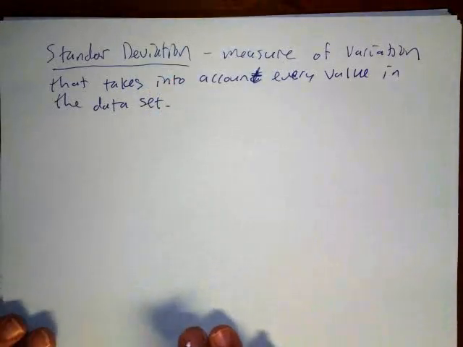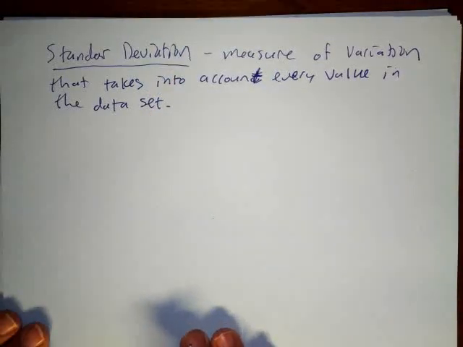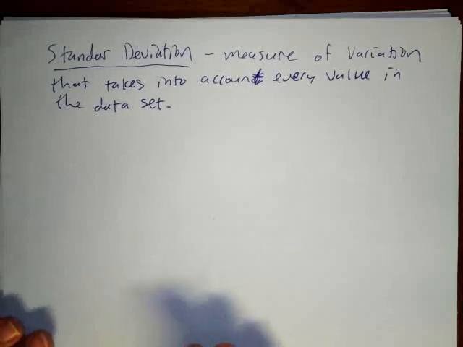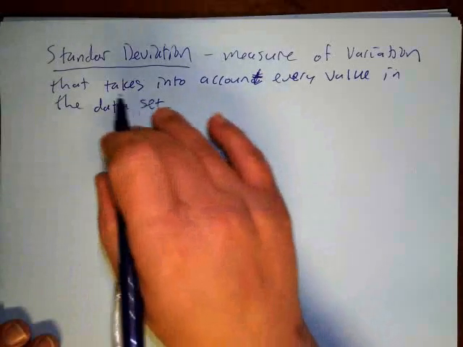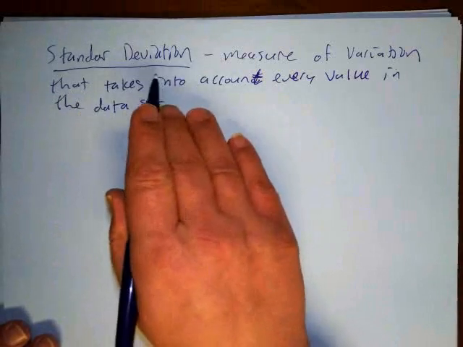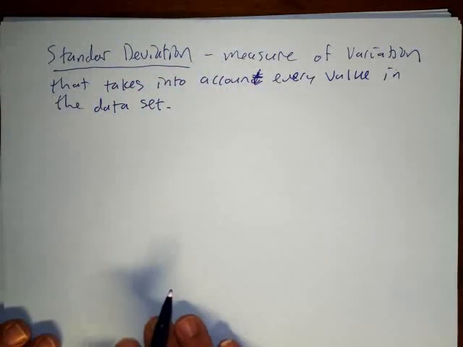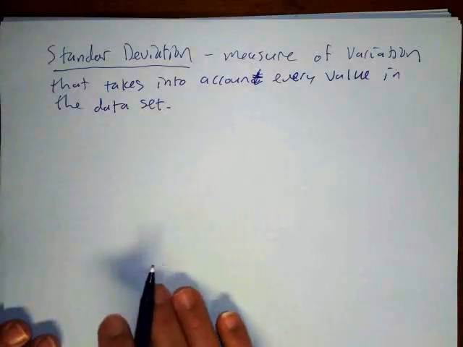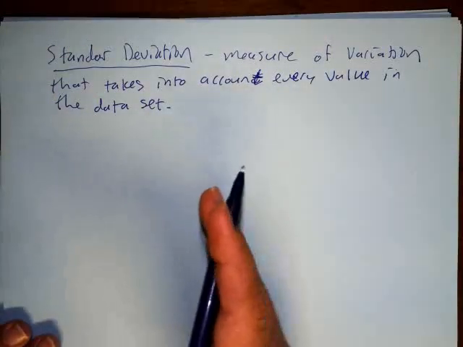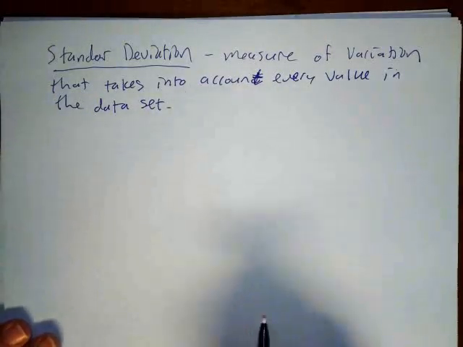Okay, so the standard deviation is going to be a measure of variation that takes into account every value in the data set. So when you think of that word deviation, what comes to mind? If their behavior is kind of deviant, sometimes we think that might mean their behavior is kind of bad, but it doesn't necessarily have to be bad.